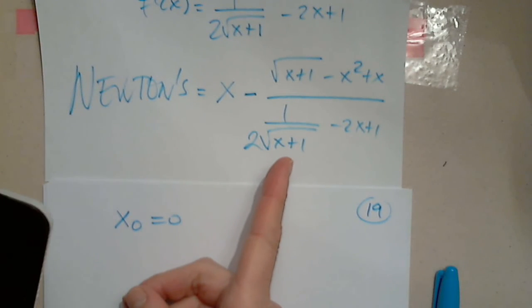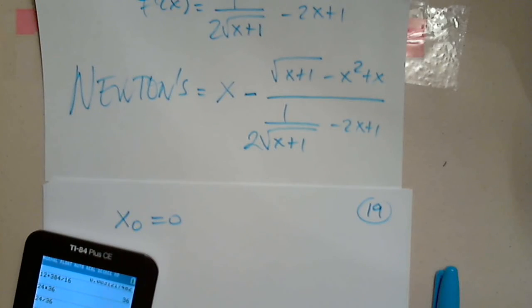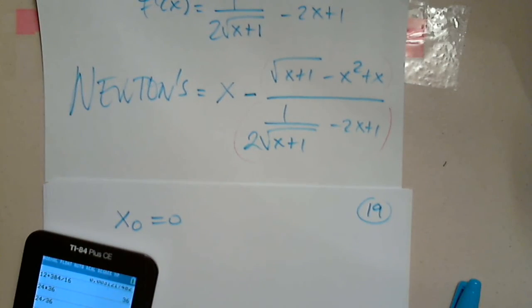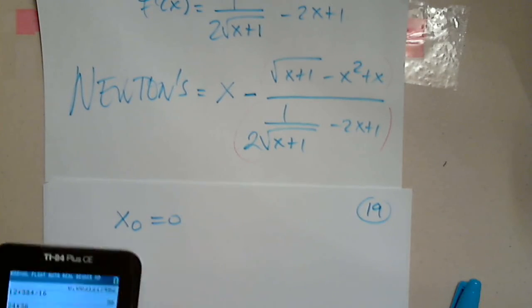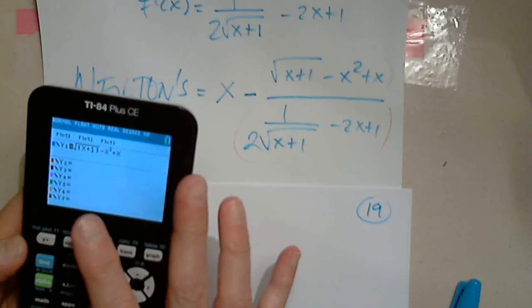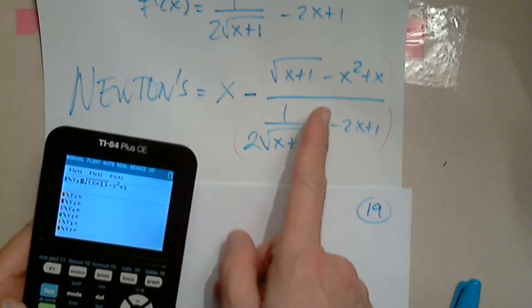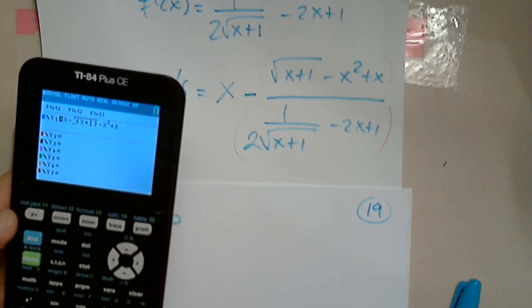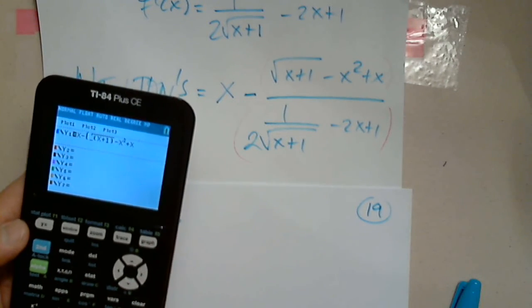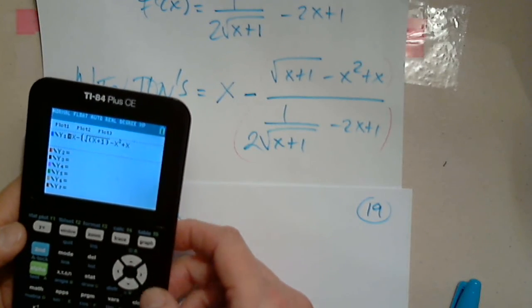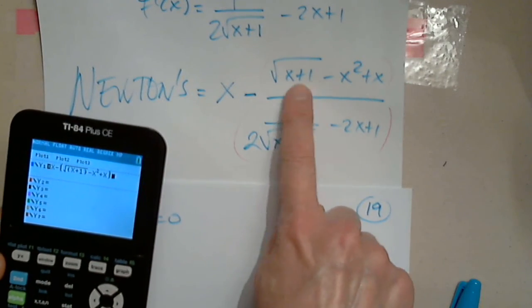Let's put this function in the graphing calculator. Be careful with parentheses. The entire function as you see it. So go to y equals. I'm not going to clear because this is the numerator of that function. So I'm just going to insert x and subtract, put parentheses around the numerator, go to the very end and put parentheses again. I didn't want to delete it because I already had that.